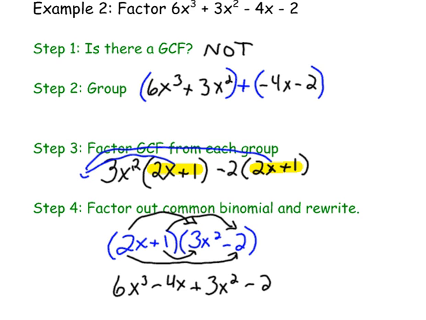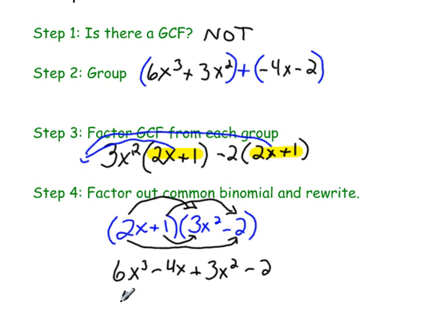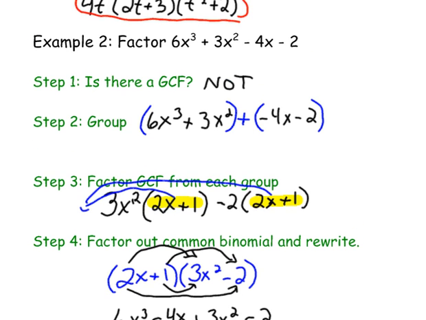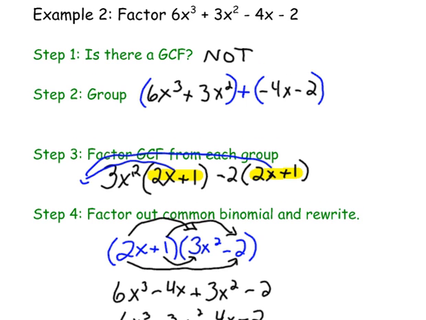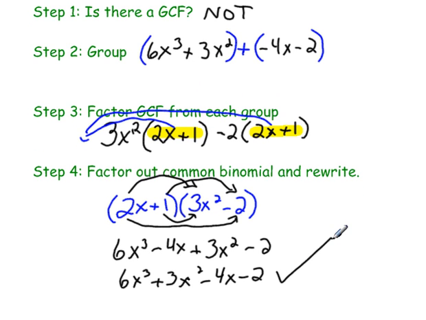Rewrite this in standard form. Gives me 6x cubed plus 3x squared minus 4x minus 2, which, if you look back, is exactly what we had at the beginning, and therefore our answer checks out. Thank you.